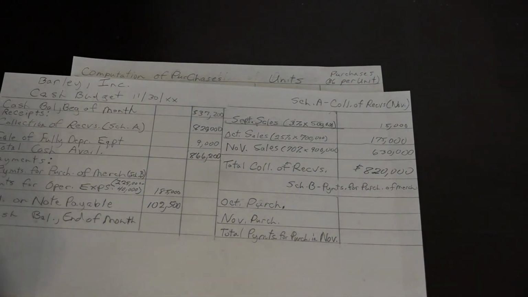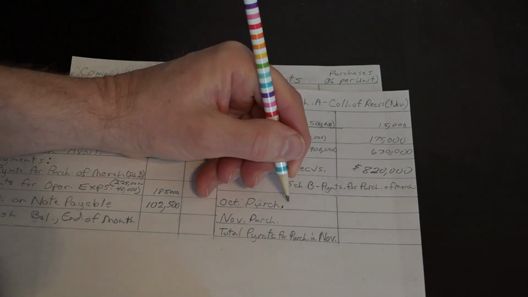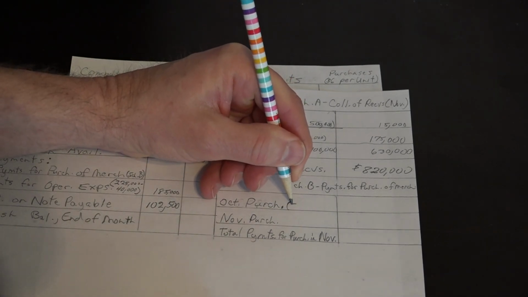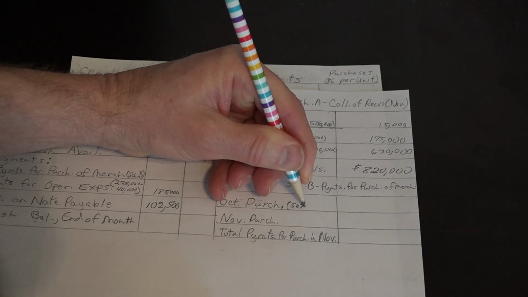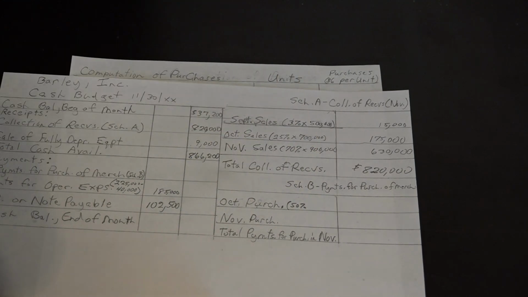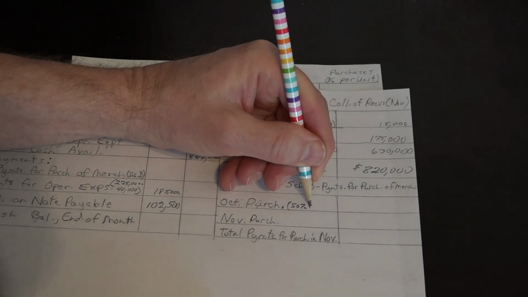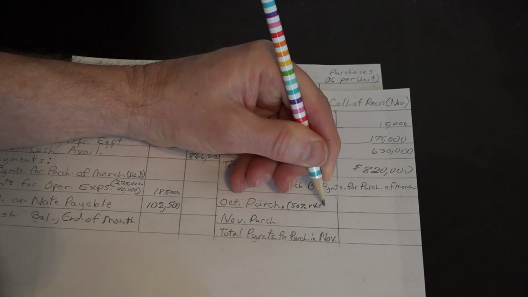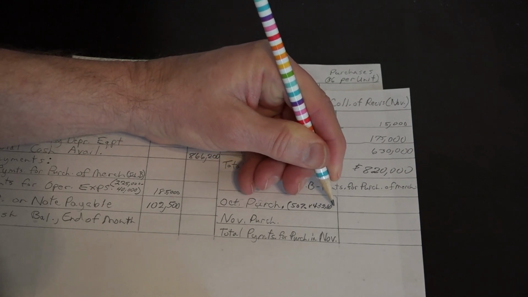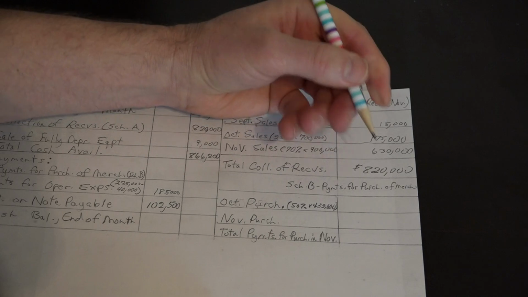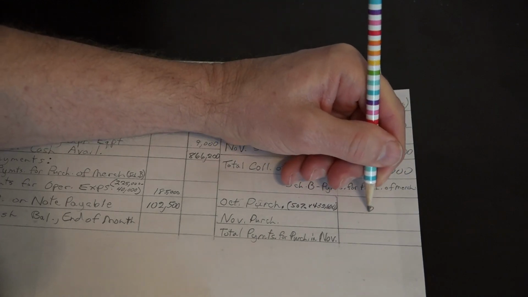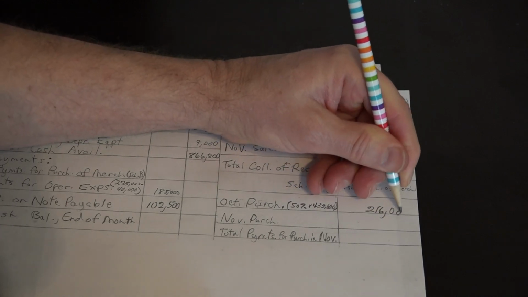So that's what Schedule B is for. October purchases is 50% of 432,000. So that equals what? 216,000.